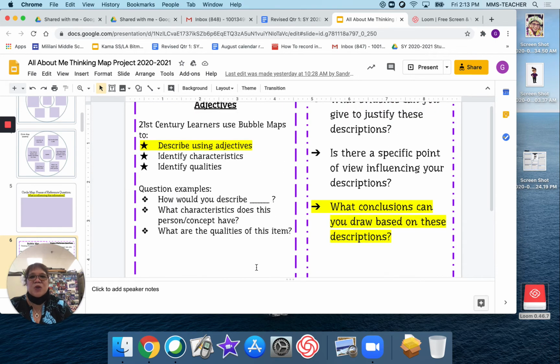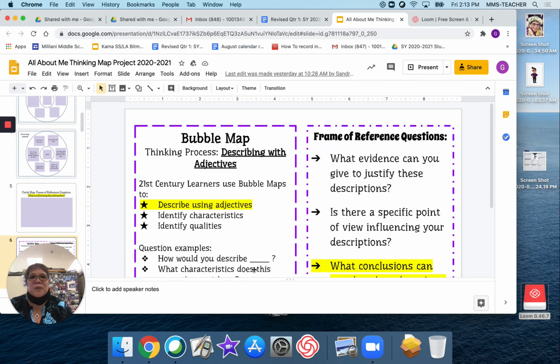Some of the questions on the bubble maps may be, how would you describe this, or what characteristics does this person or concept have, or what are the qualities of this item? Now, the frame of reference associated with a bubble map is, what evidence can you give to justify these descriptions?